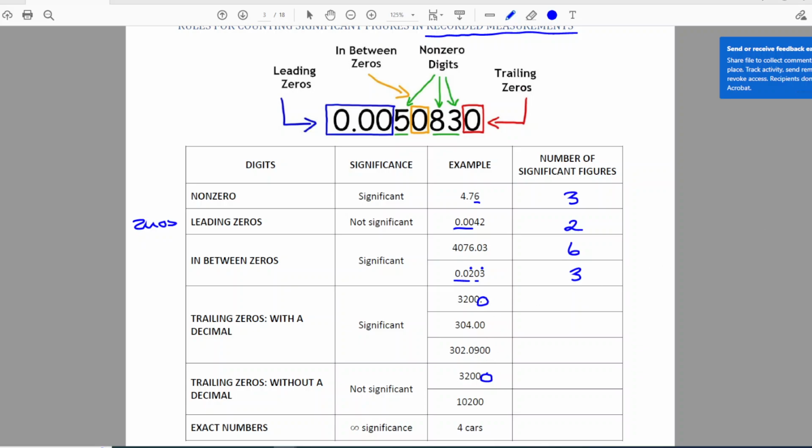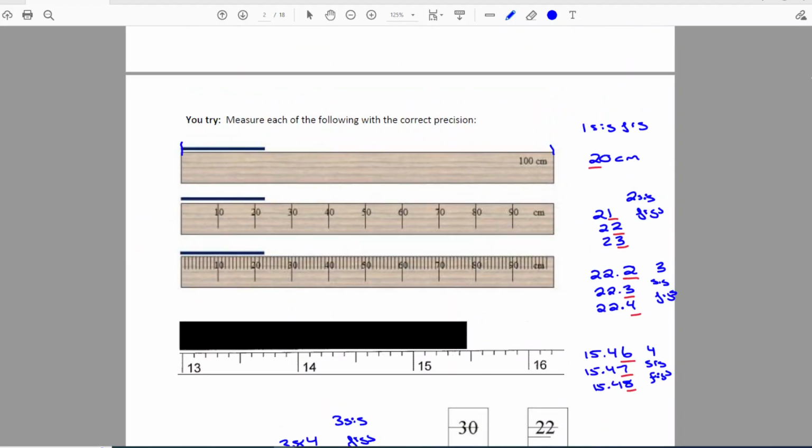If you're wondering what that would look like in an actual measurement, remember this one where we said this one's 20 because it's somewhere between 0 and 100. This is that 1 sig fig. That is that 0 not counting. Whereas here we were allowed to write down the 20, and then we were estimating the 1.